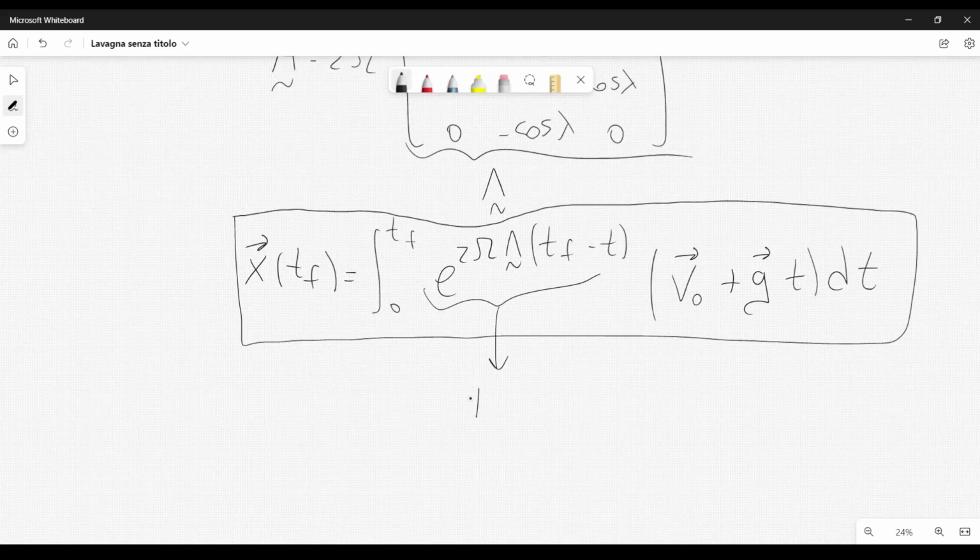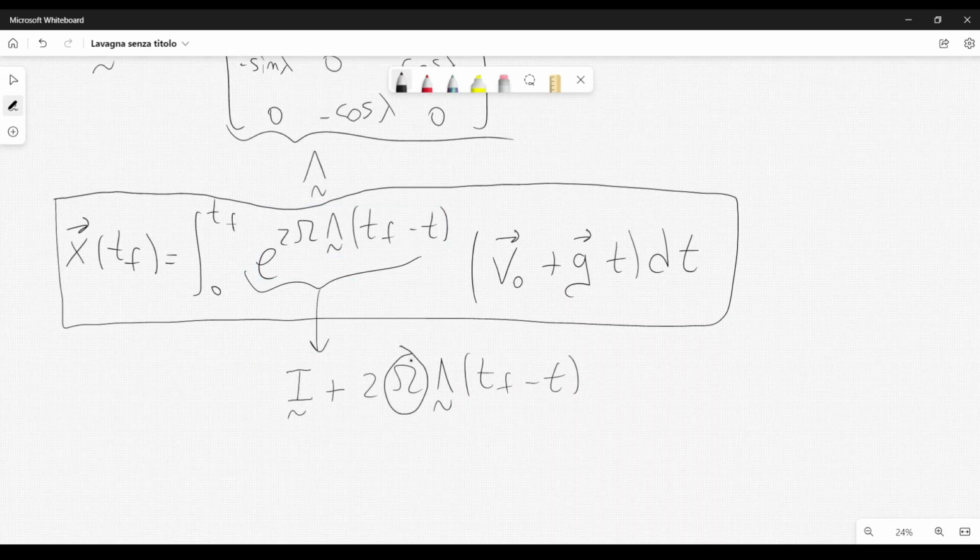We can take the first term, which is the identity matrix, and then we have plus 2 omega lambda times tf minus t, which is the first order, because you see that omega appears, and then we have plus this term squared, and then we have to divide by 2 factorial, so we get 2 omega squared lambda squared tf minus t squared. And we are going to stop at the second order. We don't want to consider corrections which are of higher order, even if in principle we could.